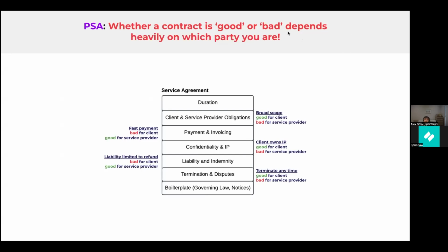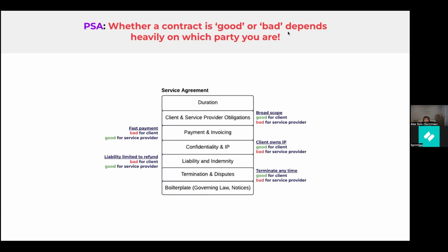Not registering trademarks is number one, but number two was using an online template of a contract, which they'd gotten off some template website, which was designed for the opposing party, and they didn't realize it. They actually arguably would have been better off with no agreement, because they might be a service provider and they were using a customer-friendly service agreement, which was not a bad document, but absolutely terrible for them. They were promising all kinds of things they didn't have to, giving themselves way more liability than they needed to.